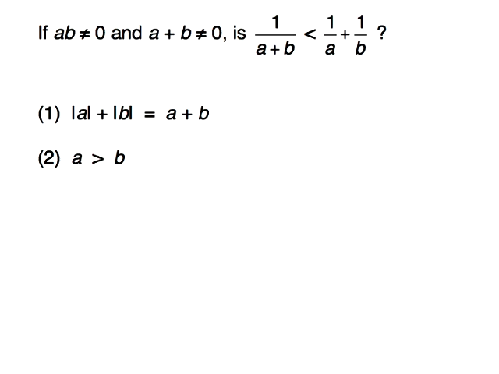You don't want to leave this in the form of yes and no. So the yes case is that this is less than that. The no case is that this is not less than that, which means it's greater than or equal to, right?